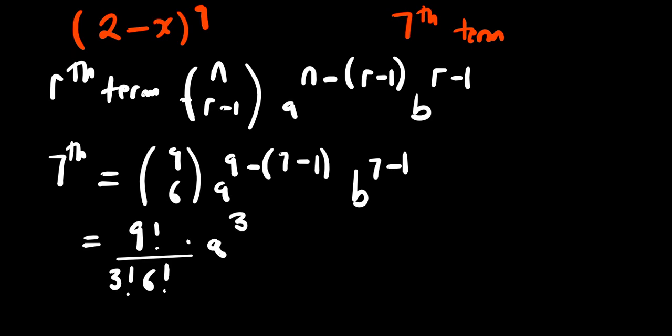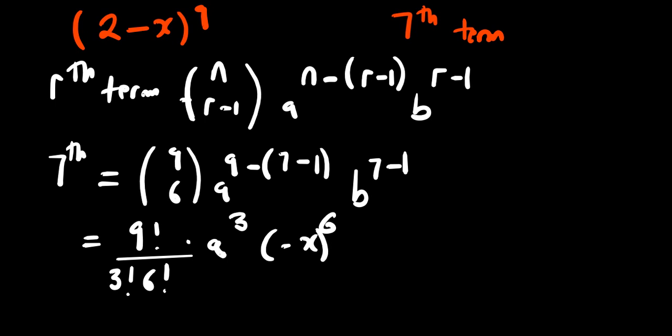Then I've got b on the other side. My b in this case is negative x, so allow me to replace it. I'm going to have negative x to the power 7 minus 1, that is 6.